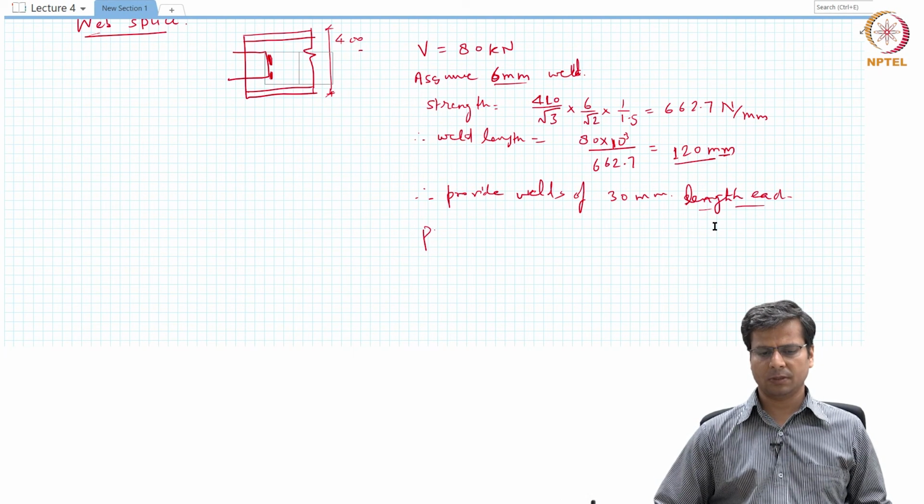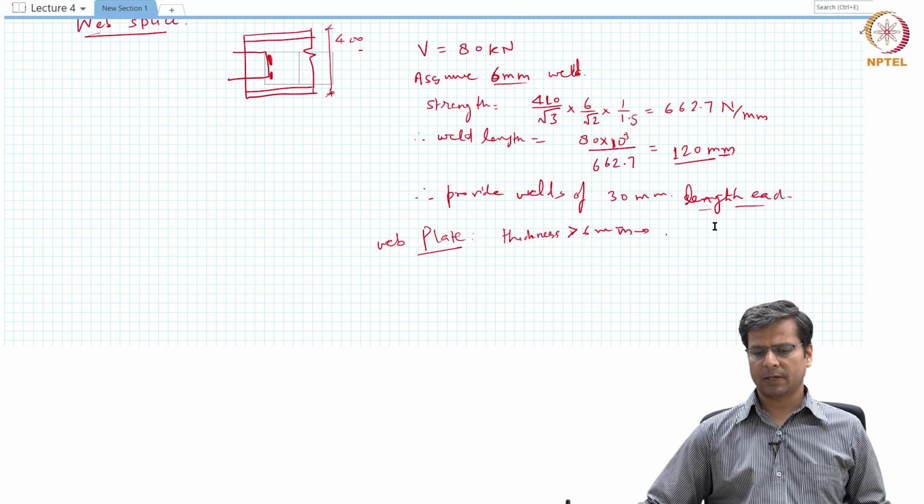Of course, the web splice plate also needs to be designed. So that has to be thicker than 6 millimeters. So we can go for something like 8 millimeter thick plate or something like that. And the total force demand is 80 kilonewton. 2 plates will be resisting that load simultaneously. 80 into 10 to the power 3 in shear.